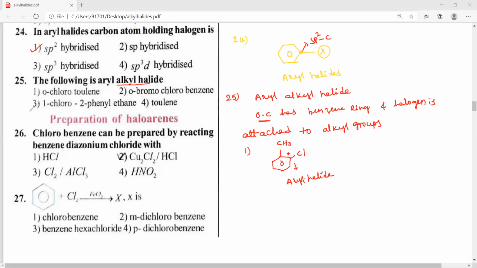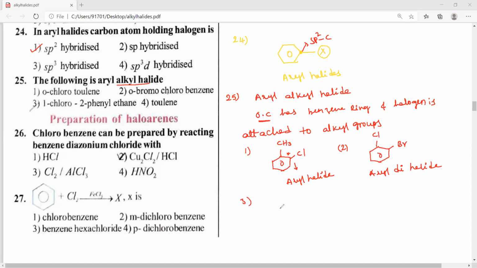It is just an aromatic halogen compound. Ortho-bromochlorobenzene has chlorine and bromine at positions 1 and 2 of the benzene ring. It is also an aryl halide, an aryl dihalide.